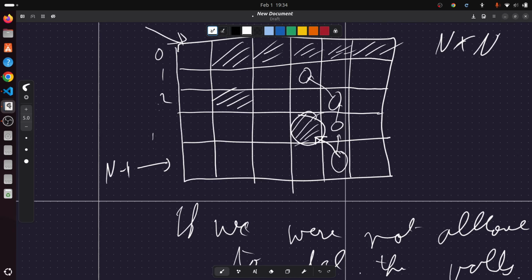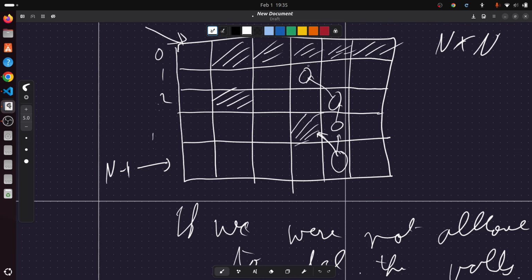Do you get me? Like if we are able to break the wall like this and go into this cell, then it is pretty easy to see that we would be able to reach every other cell on this entire column. I mean above this, right? Like if we are able to reach here, then we are able to reach every cell.